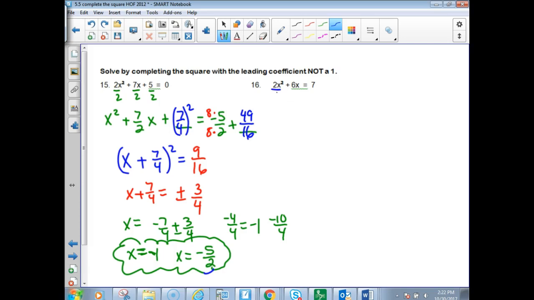All right, we're dividing by 2 again on the next one. We get x squared plus 3x plus blank equals 7 halves plus blank. Half of 3, 3 halves squared goes in the blank, which is 9/4.